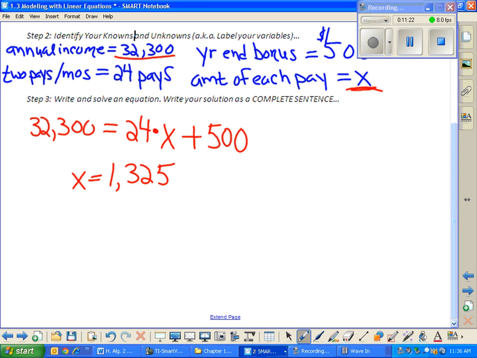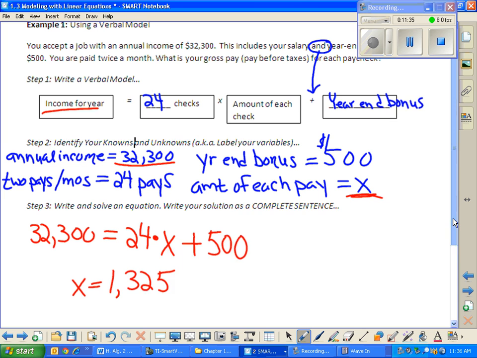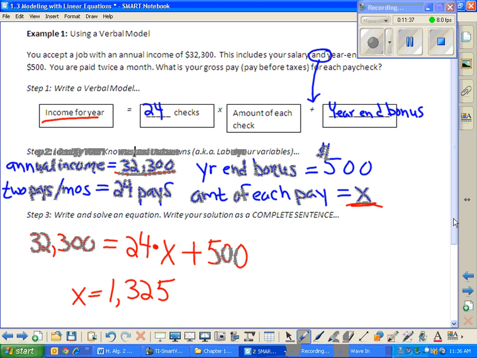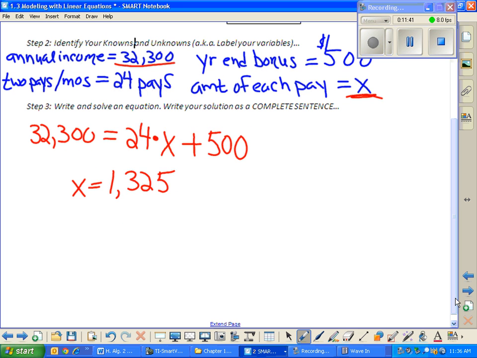Please understand that if you write that on a test or quiz, though numerically accurate, it really doesn't answer the question, is kind of what I'm telling you. If you want to answer the question, you should use a sentence. You should tell me what this number means. And what we just answered, if you'll recall, was just the amount of each paycheck. So you could just say each paycheck will amount to $1,325.